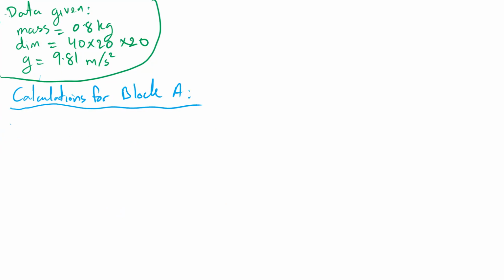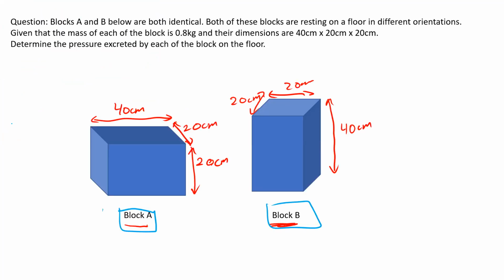So the first thing is we need to determine the area. Notice that in block A, the base of block A is resting. You can see there are some hidden lines that we cannot see. So this is actually the base where the block will be resting on the floor.